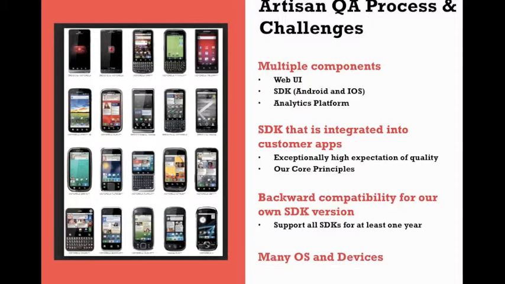And then finally, a core principle is that we troubleshoot any and all customer-reported issues, even if they don't appear to be ours. So, one tricky thing about being integrated into customer applications is that we appear in every stack trace. Everything that goes wrong with anybody's app, our name pops up, and so we take it in, we sort through it, and we've provided good feedback on bugs that aren't ours so far.